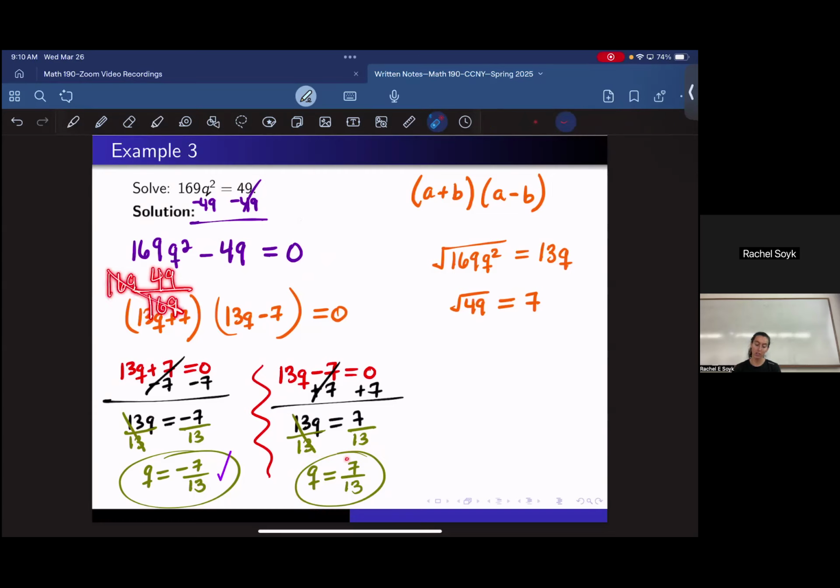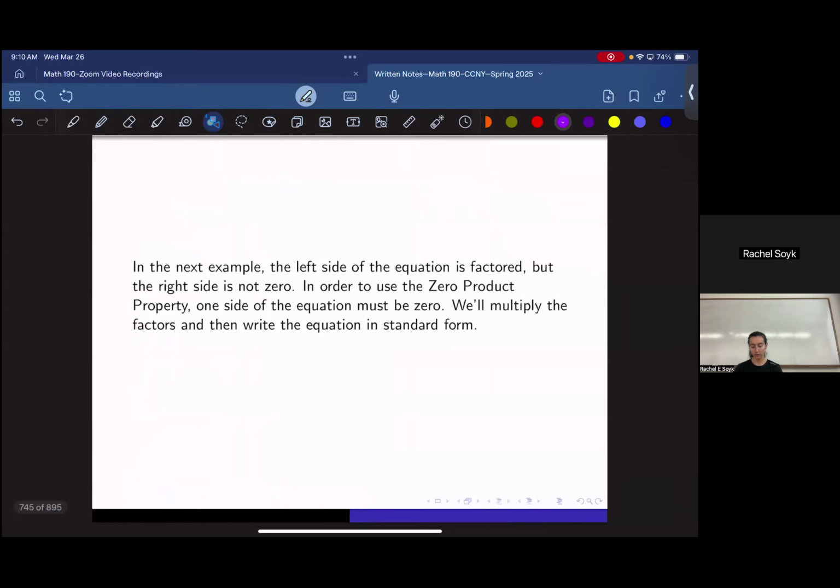Those cancel out. So we once again are left with 49 minus 49, which is 0. So these are our two values. And we're done. Let's keep on trucking along.